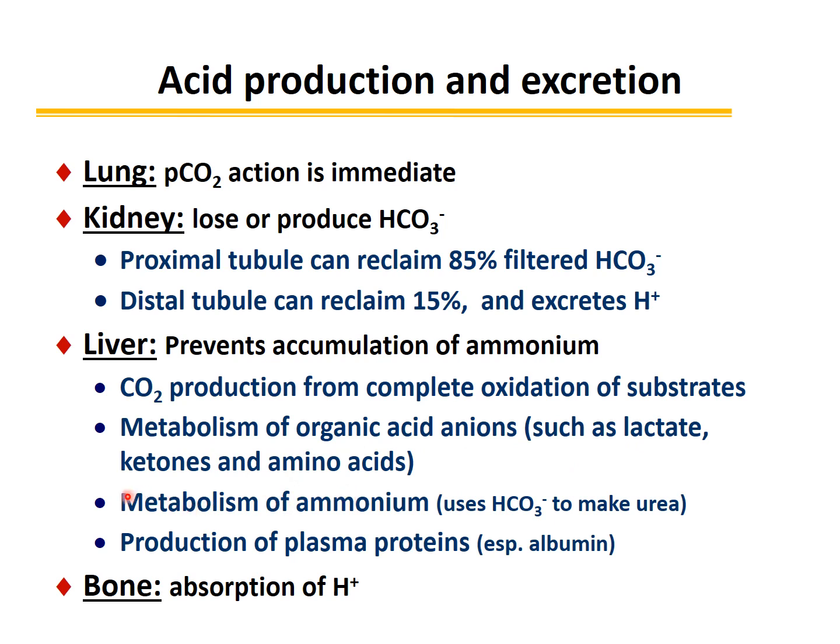And as we said, the metabolism of ammonium uses bicarbonate to make urea. And very importantly, the liver is going to produce proteins such as albumin. Albumin has a buffering capacity because it has negative and positive charges, and this is how it can regulate the proton concentration.